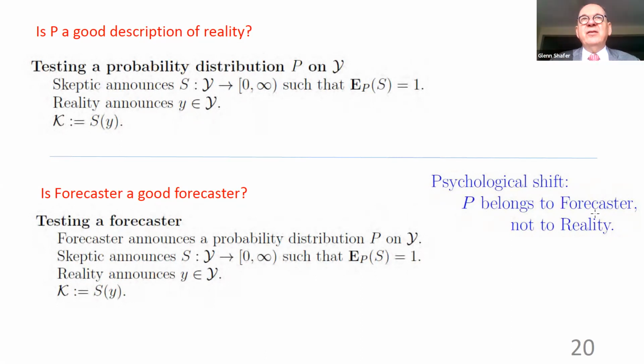We can go back to this probability being nature if we want to, but this formulation is more general. It allows the forecaster to be just the guy down the block. It allows a forecaster to be Nate Silver forecasting on his website. It allows a forecaster to be the National Weather Service of the United States, forecasting hurricanes.